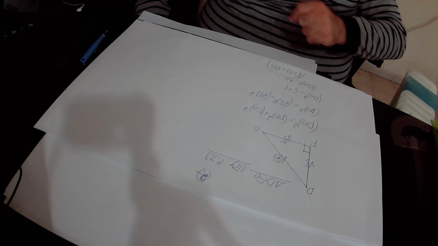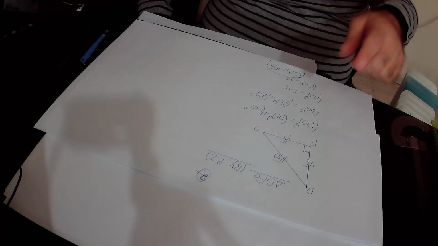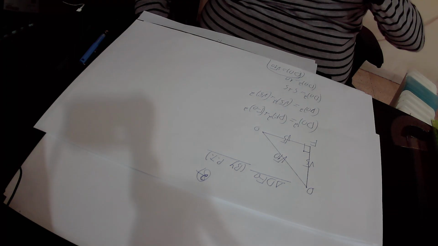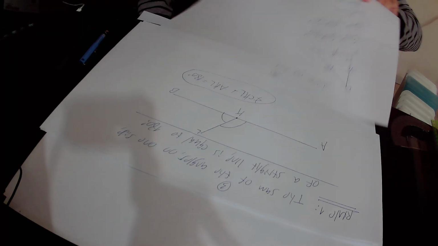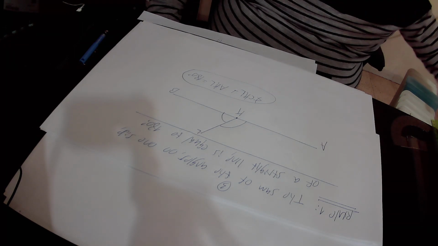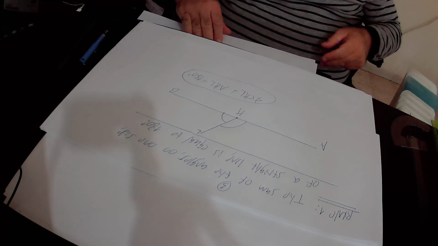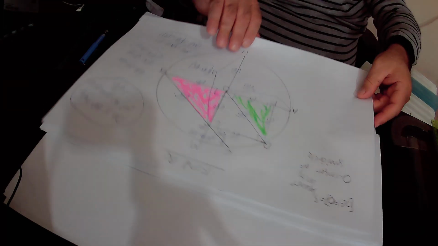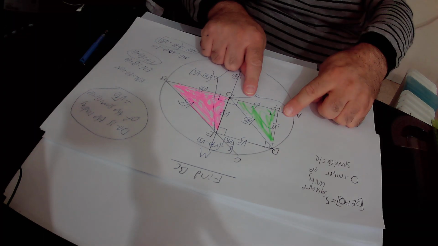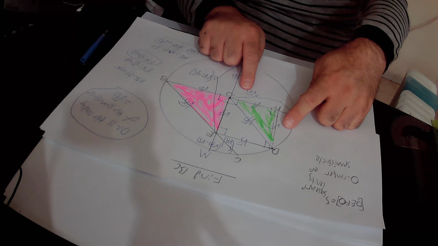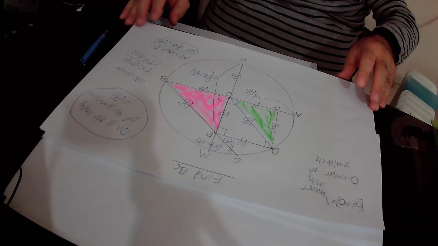We took a root out of this equation and found that DO, the length of the hypotenuse DO, equals the square root of 10 units. And you can write down that DO, the length of the hypotenuse DO in the right triangle DOF, equals the square root of 10 units.